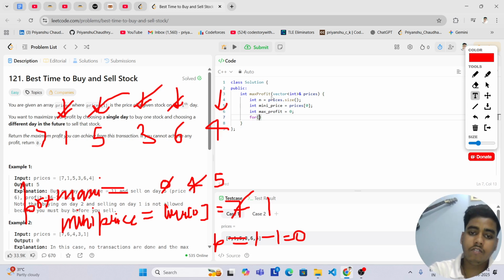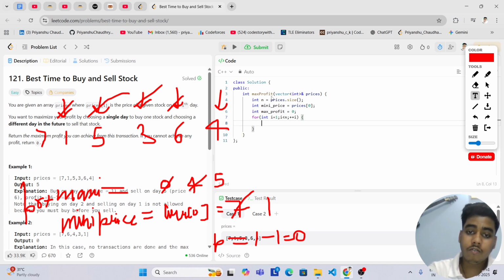Now what I said, we will keep moving from the 1st index because we have to sell in the future. We have to first keep track of the minimum price found so far. So minimum price will be the minimum of min price and prices of i.